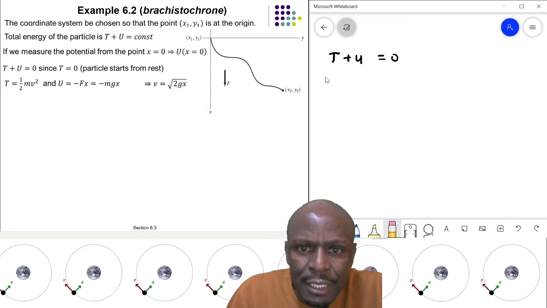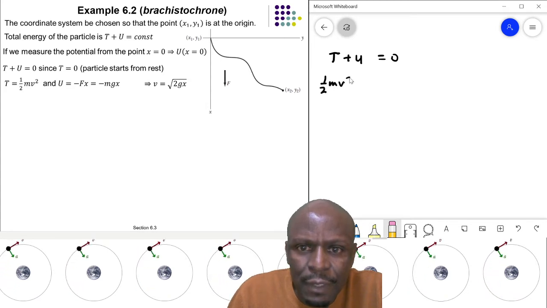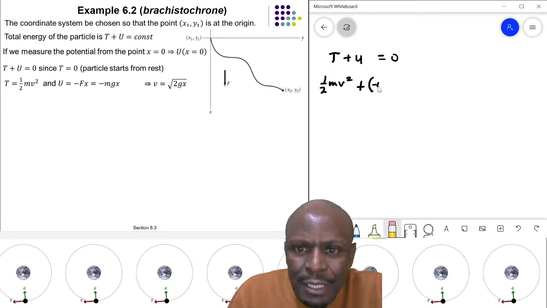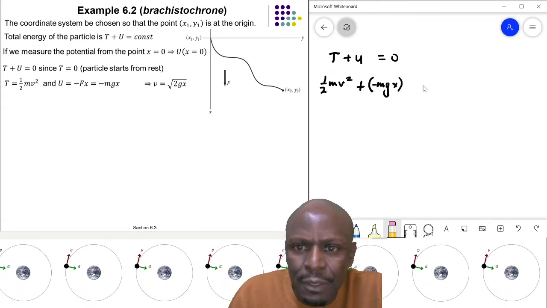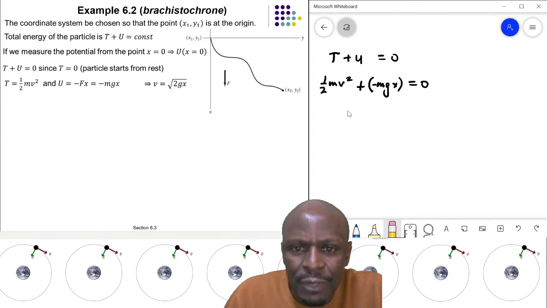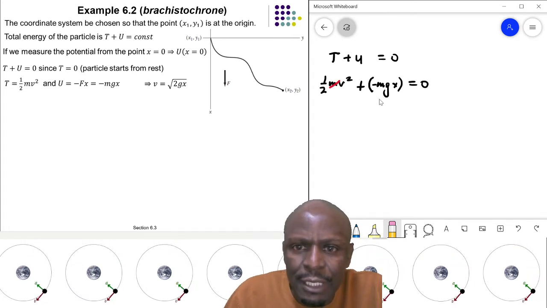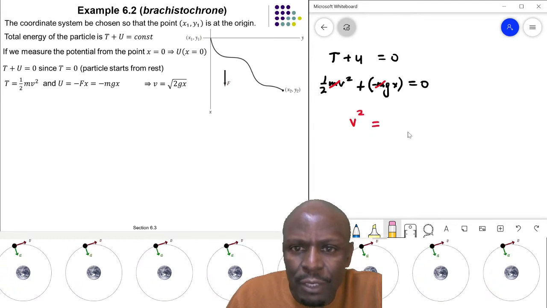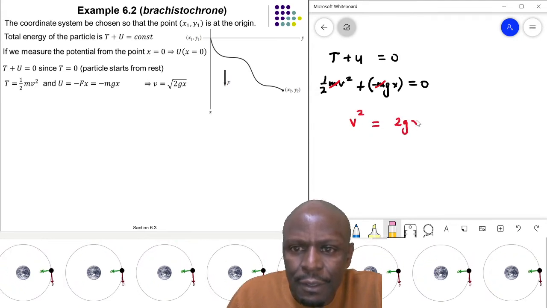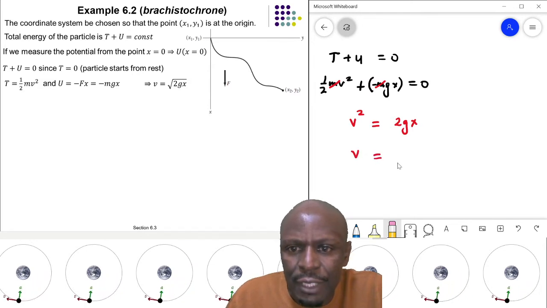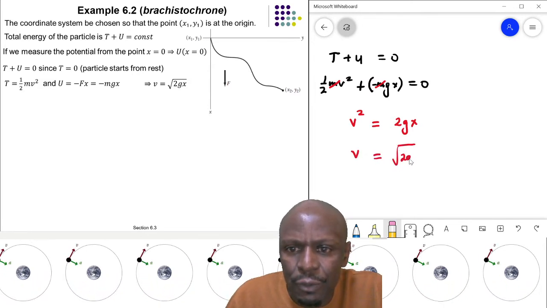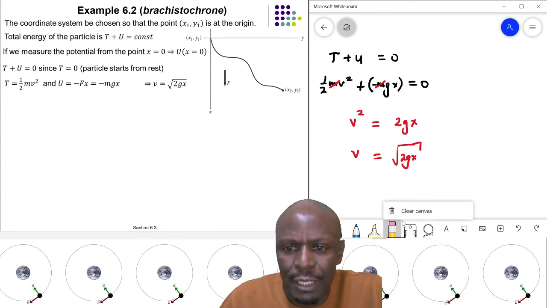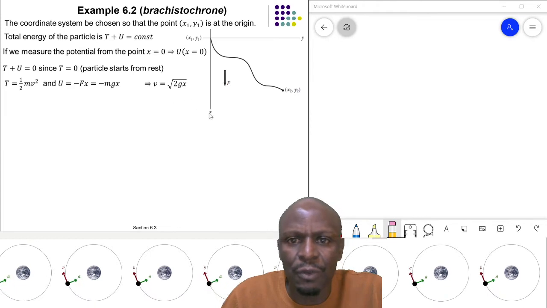We know T is one half m v squared and U is minus m g x, which equals 0. Rearranging, we cancel m, and we end up with v squared equals 2gx. So v is just the square root of 2gx, and that is your velocity.